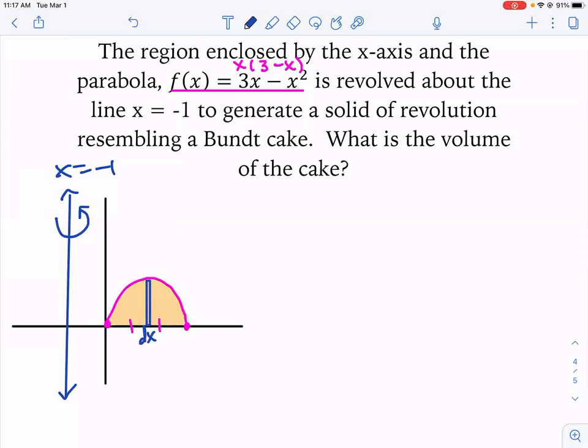You have control. Okay, so we're gonna use the shell method because the washer method really is not going to be awesome. We would have to do a lot of work to get what the right function is versus the left function. I don't really want to do a lot of work.